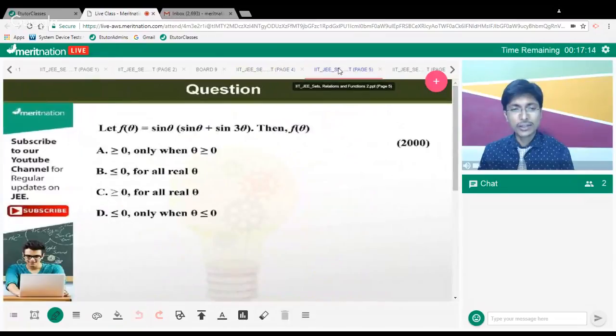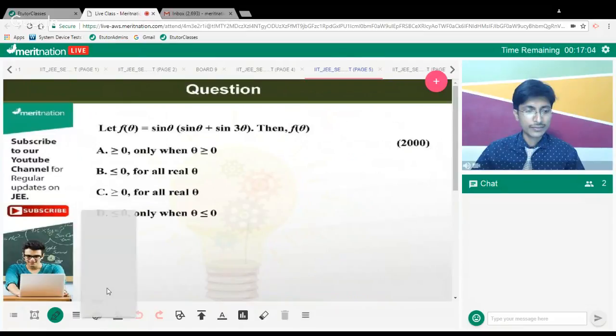Okay, now coming to the question which came in 2000. So this was a simple question. Let's see how we can solve it in the minimum possible steps. So f theta is sine theta, and it's not a composition, it's basically multiplied.